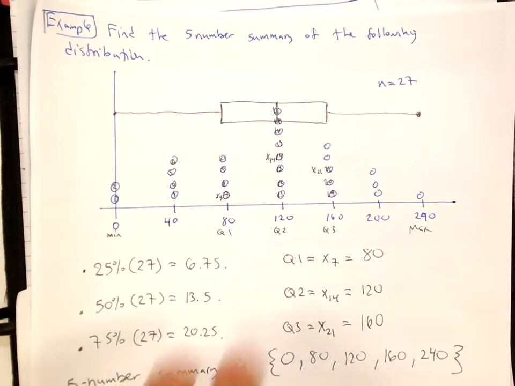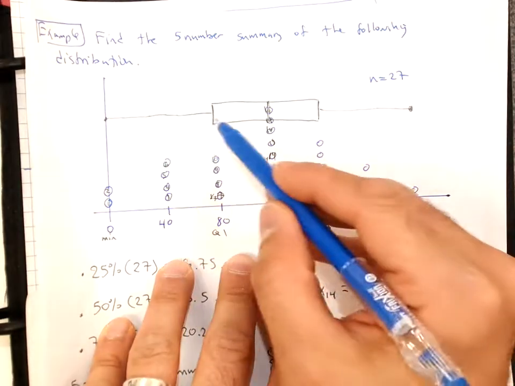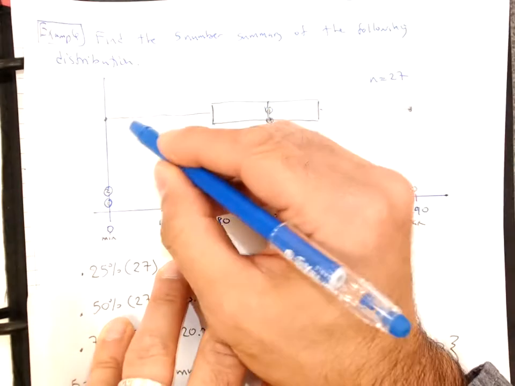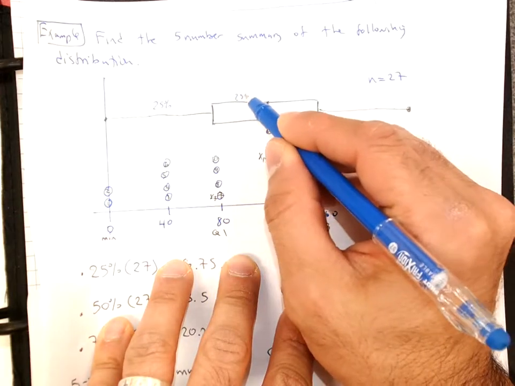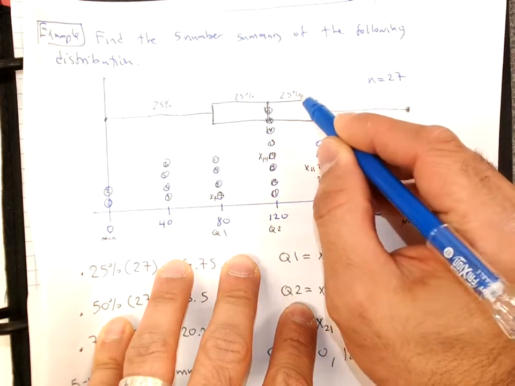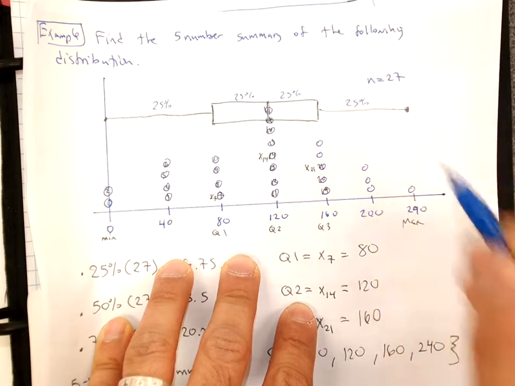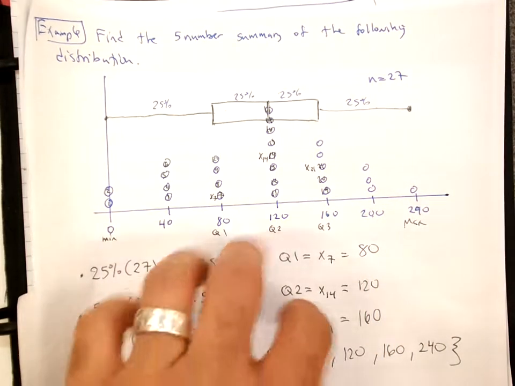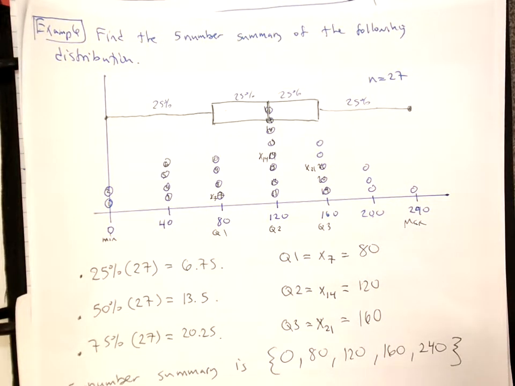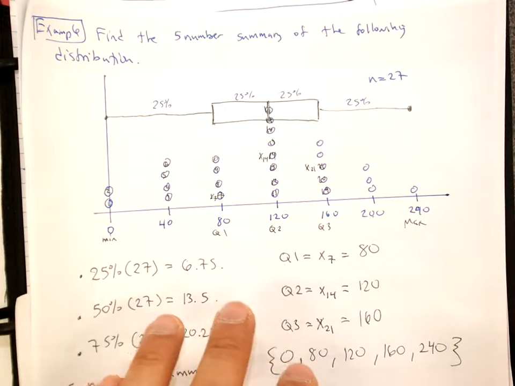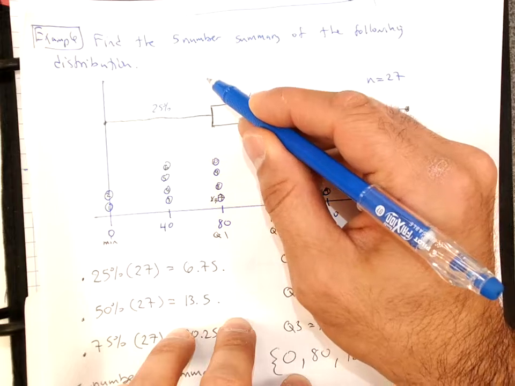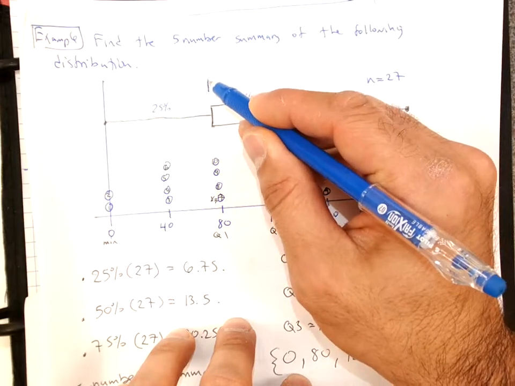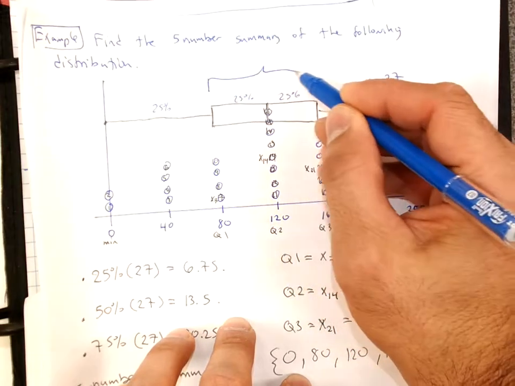Let's think about what these parts of the box plot represent. Remember, this is 25% of the data, this is 25% of the data, this is 25%, and this is 25%. So where would the middle 50% be? Where do you think? Think about it for a second. Now that you're back, here's 50% of the data from here to here.